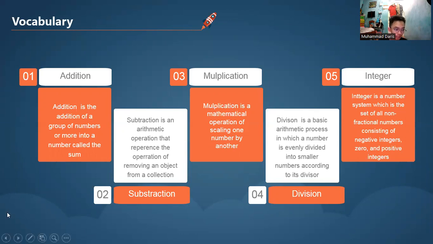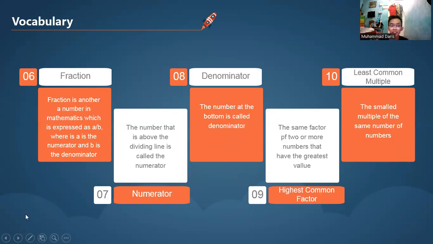Okay. Next. Six, fraction. Fraction is a number in mathematics which is expressed as a per b, where a is the numerator and b is the denominator. Okay. Or in bahasa is pecahan. Seven, numerator.